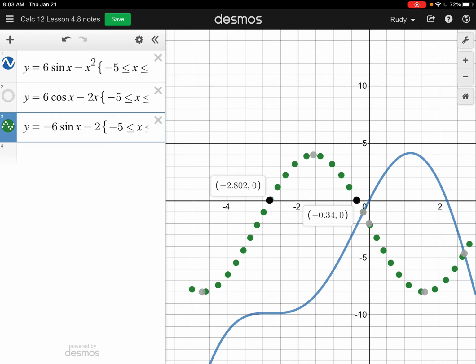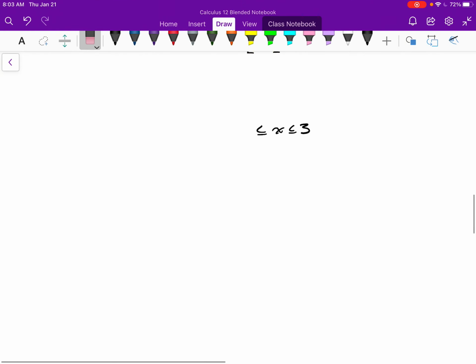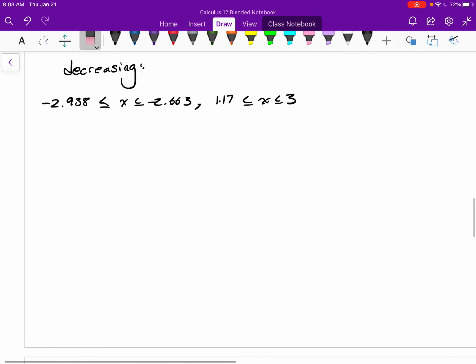All right, so let me write that down. And like before, everything I'm writing down right now is meaningless without referring back to those graphs.